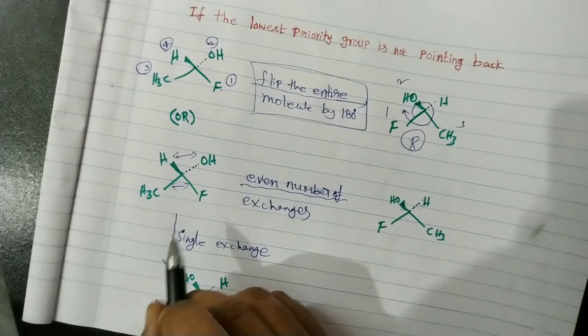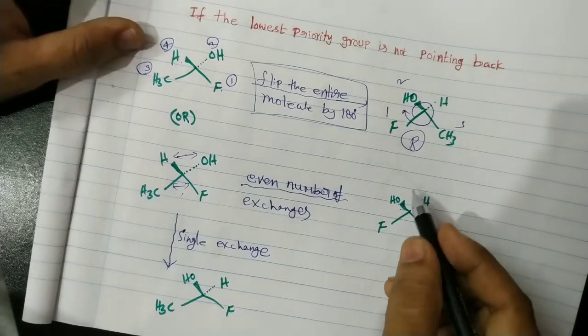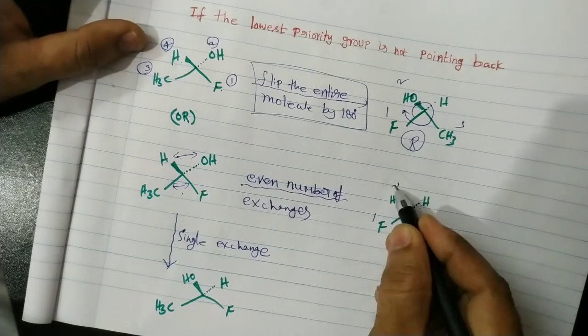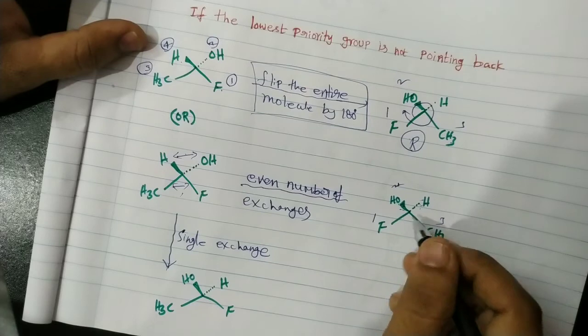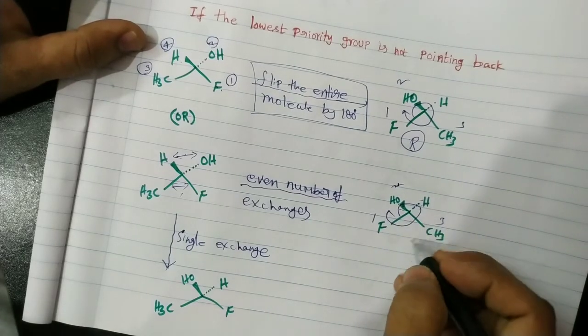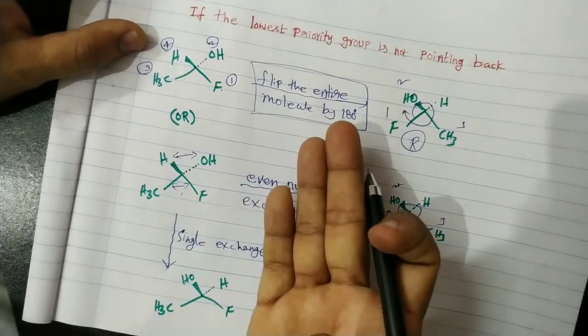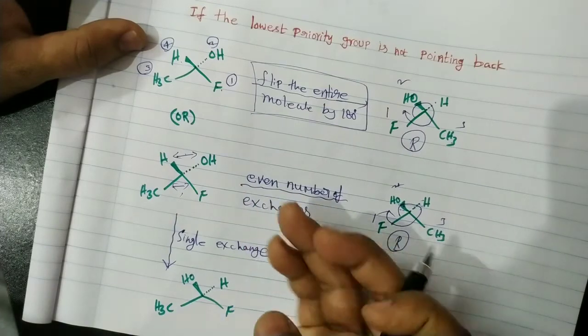So that is the even number of exchanges. This is one exchange, here is a second exchange. Now we can give the configuration: first priority, second priority, third priority, 1, 2, 3, again the configuration is R configuration. So you can say it is a flipping of the molecule, or an even number of exchanges.